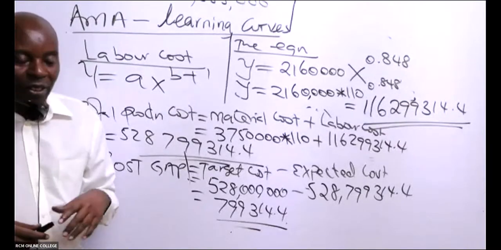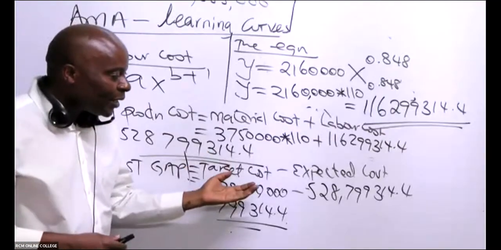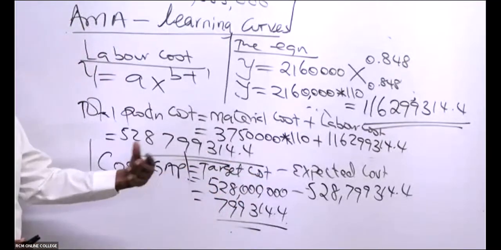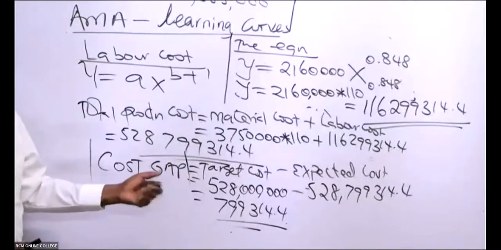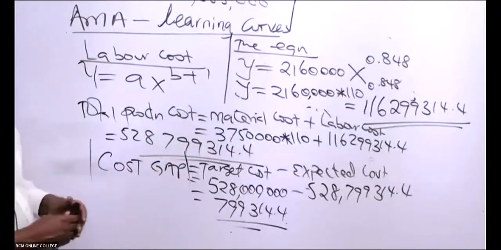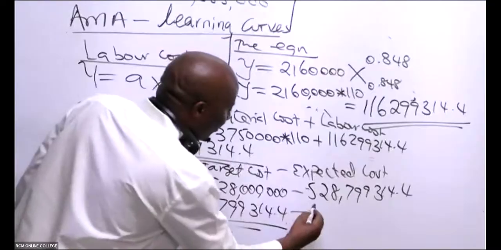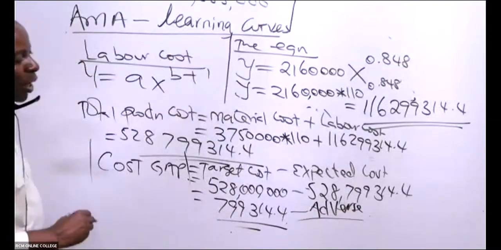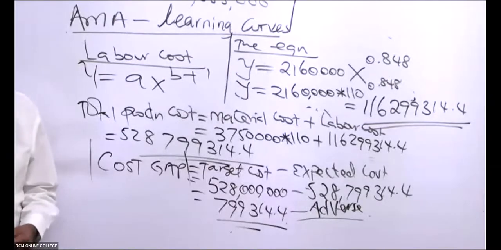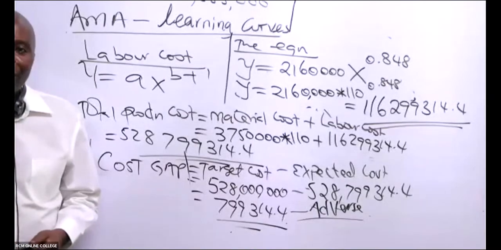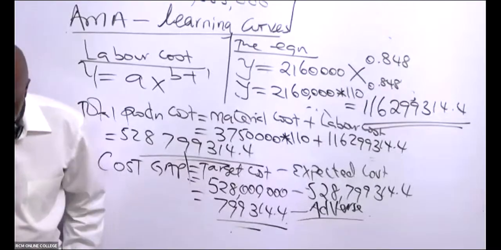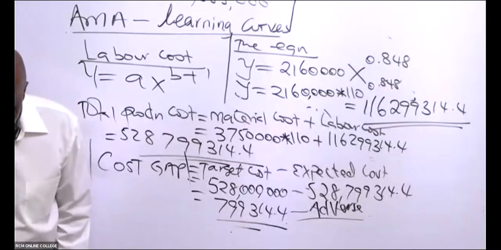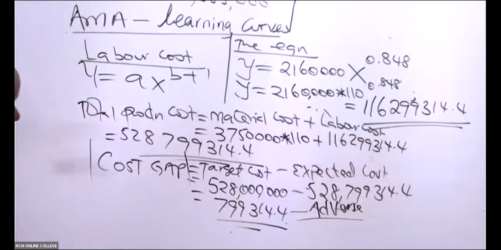It's bad, yes. When you exceed your budget cost-wise, that is a negative variance. That's a bad variance, so automatically it is adverse, not favorable. When it is unfavorable like that, ladies and gentlemen, expected cost, Rahab is telling me, is 528,793,314.4.